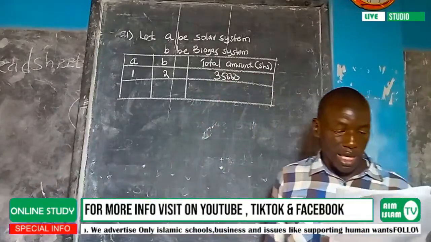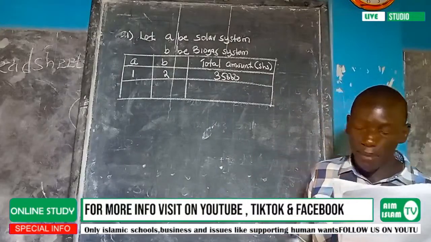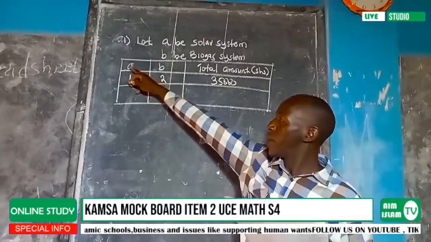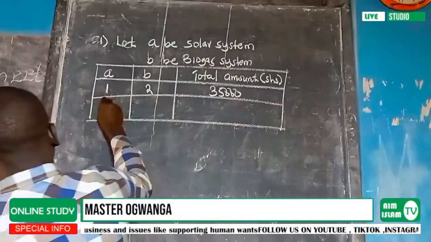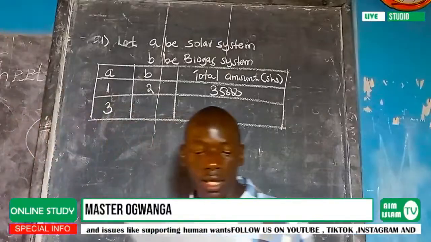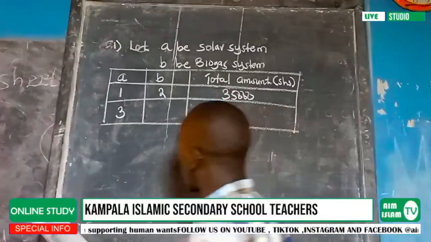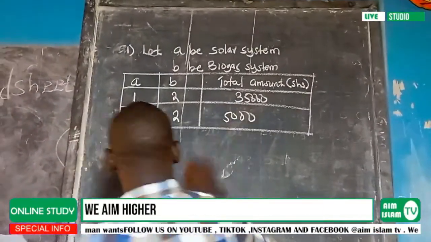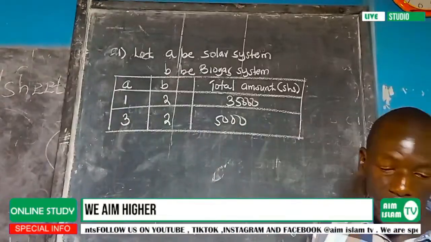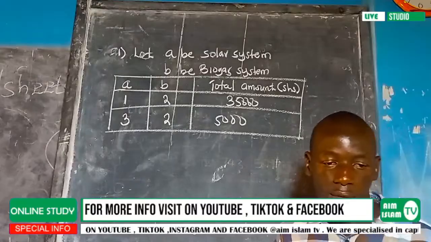And then the next part, they are saying also the difference between 3 times the solar system, where A is the solar system, meaning we have here 3 solar systems and 2 times the biogas. Still, this one here becomes 2. They're telling us that the difference between those is 5,000.